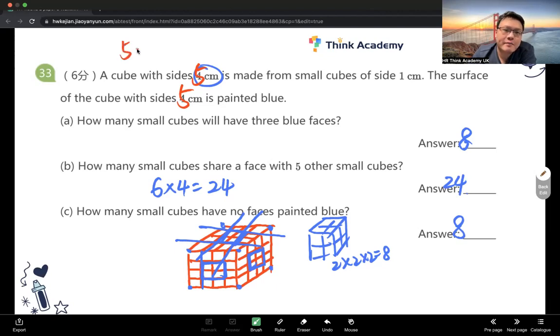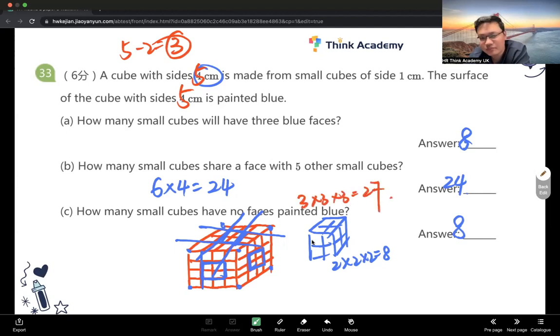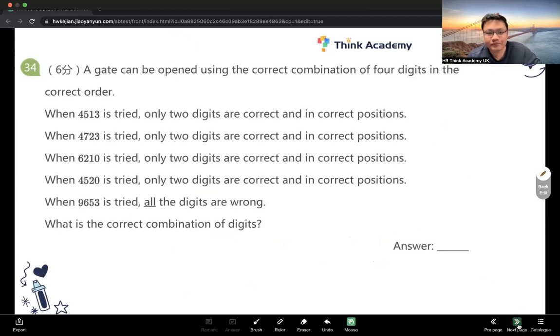You just use 5 minus 2 first, you get 3. That 3 means the cubes that are not painted at all will be a 3 by 3 by 3 cube. So you use 3 times 3 times 3. That gives you 27. All right, that's it. And then we can move on to question number 34.